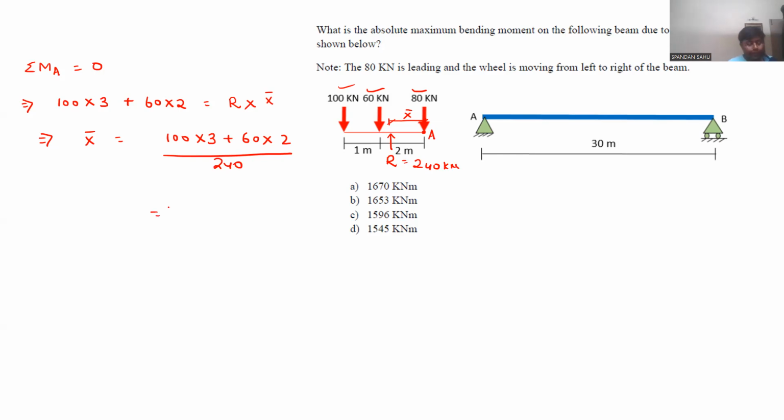So what are you getting? 100 into 3 plus 60 into 2.